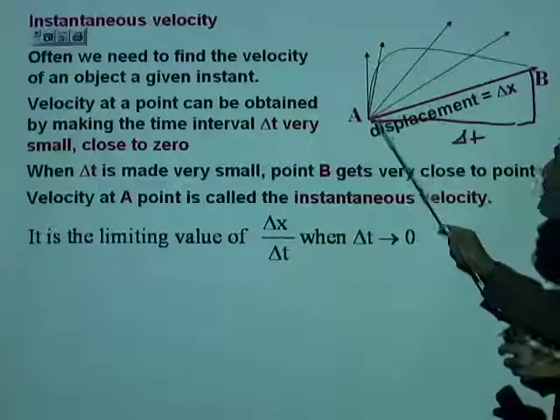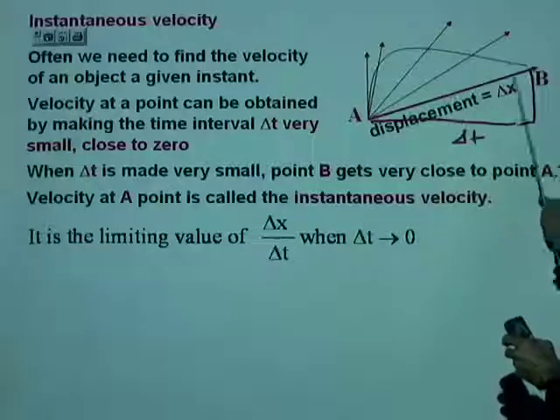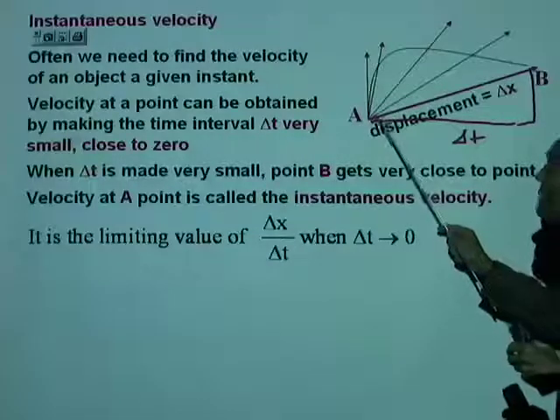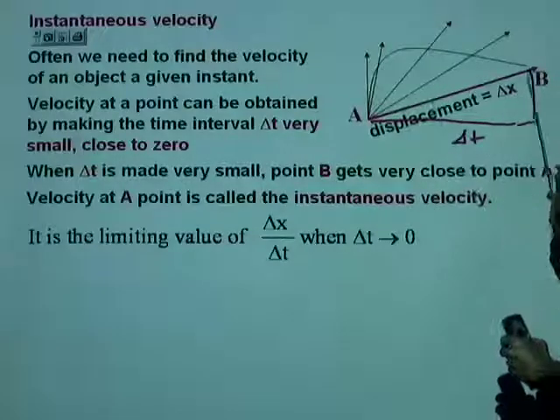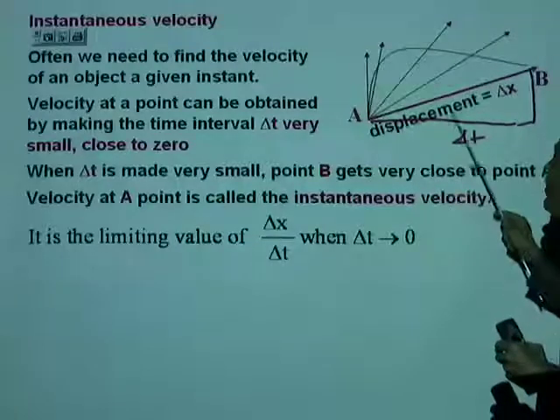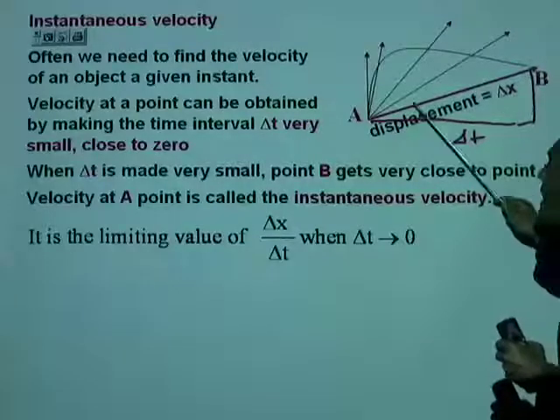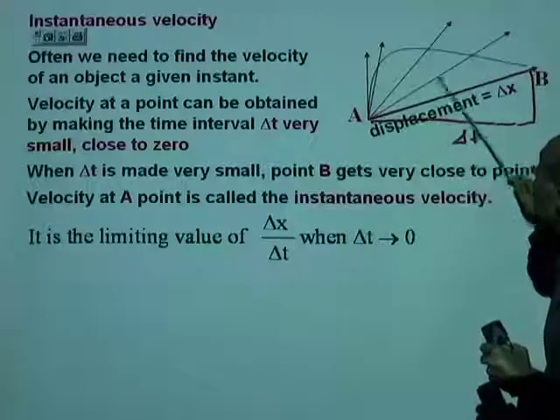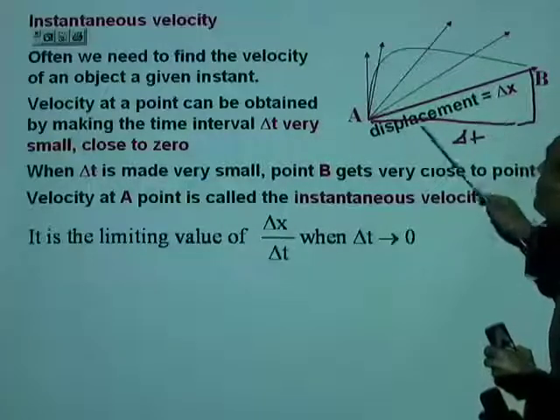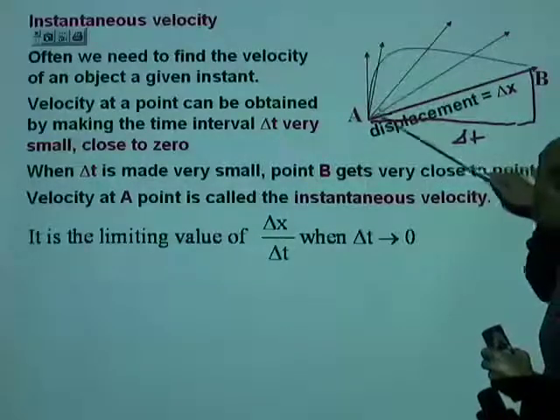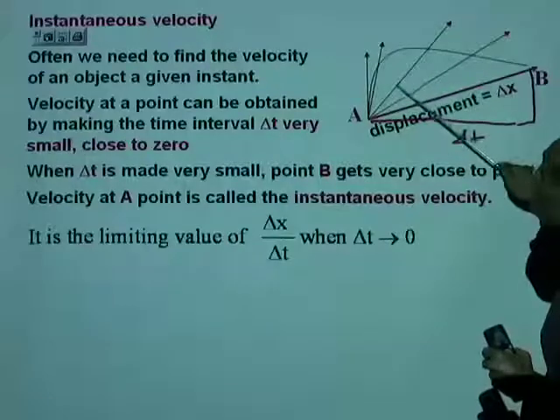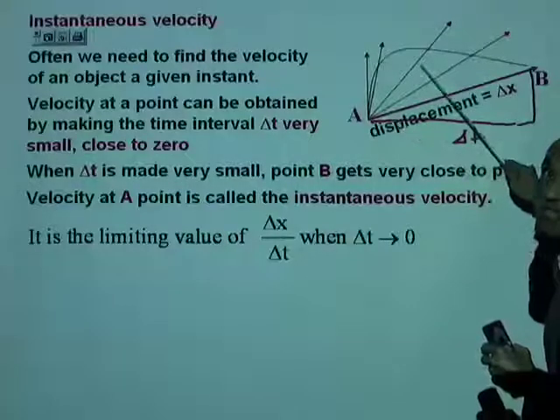We actually call it the slope of this line. You see, the average velocity during this interval is the slope of that line. The average velocity during this interval is the slope of that line. Average velocity during that interval is the slope of this line.